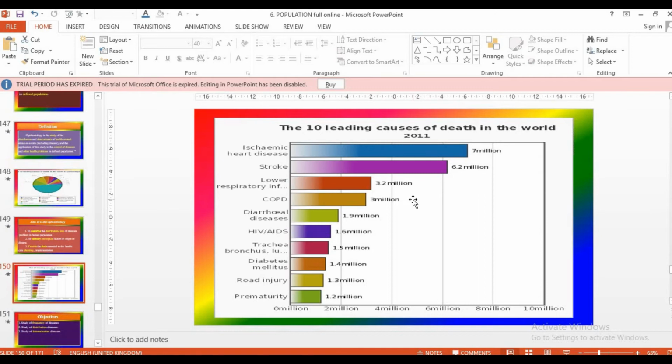Look at this other pie chart expressing epidemiological data. In the world, in 2011, 7 million people died due to ischemic heart disease. Non-communicable diseases are maximum, then second is stroke. Then prematurity is less.